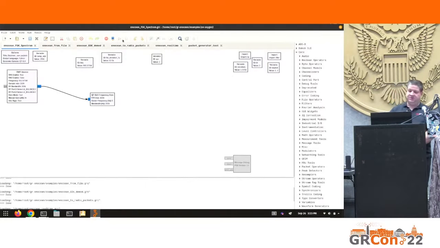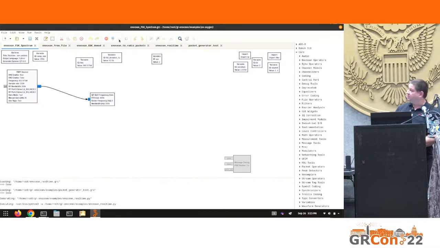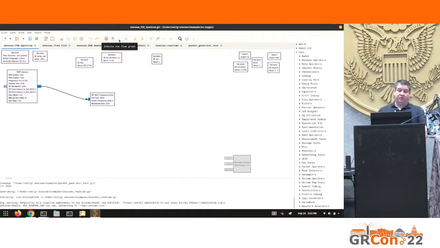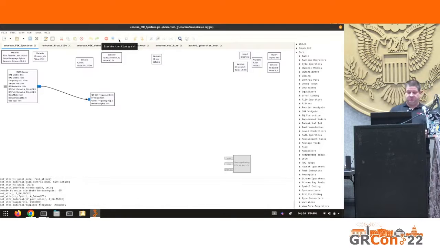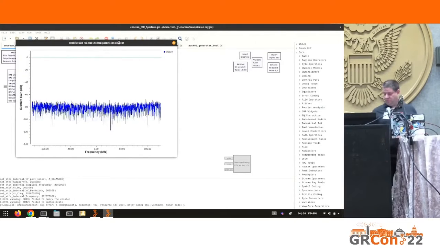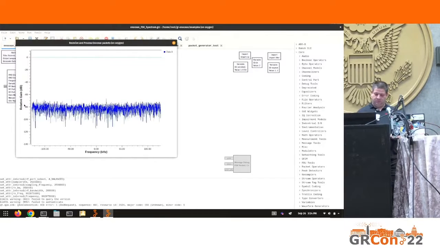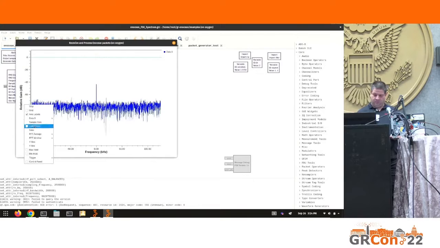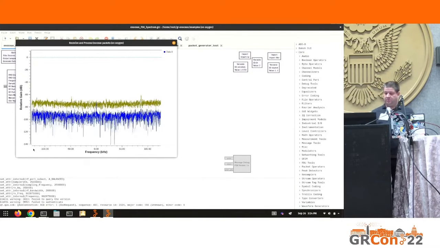So what does this look like when we're actually talking over the air FSK for these types of sensors? It's just the typical, give it a second.